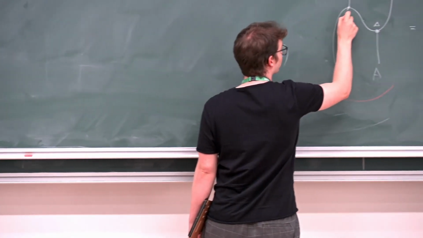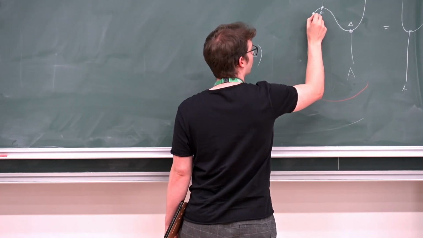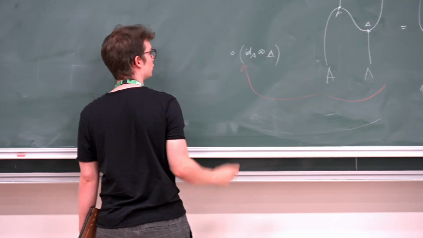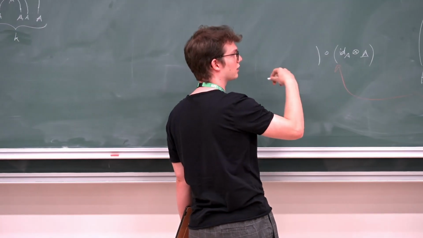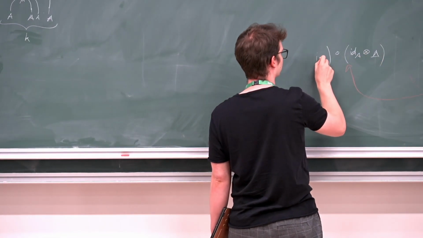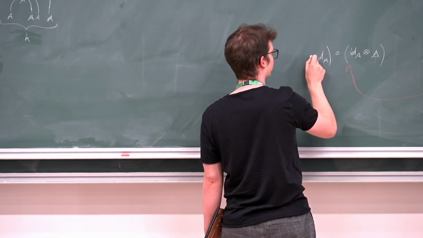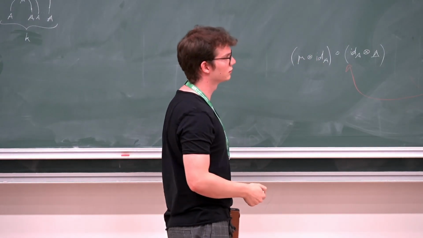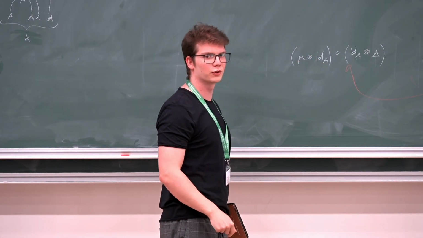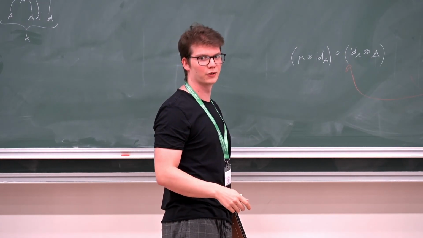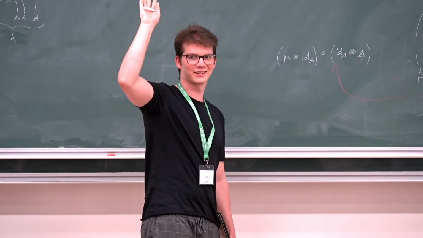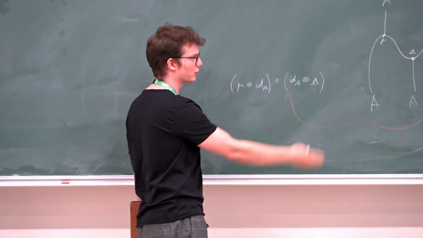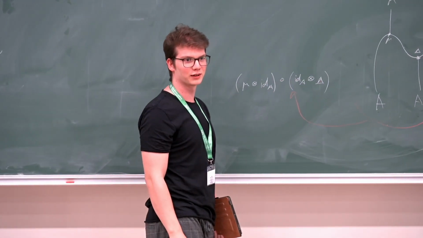And now we have something from A tensor A to A, which is our multiplication, on the left side, and on the right side we have the identity on A. All right? Who knows how to read a string diagram now? Yes, okay, perfect. If you want, you can try to do the other one, but I believe you.